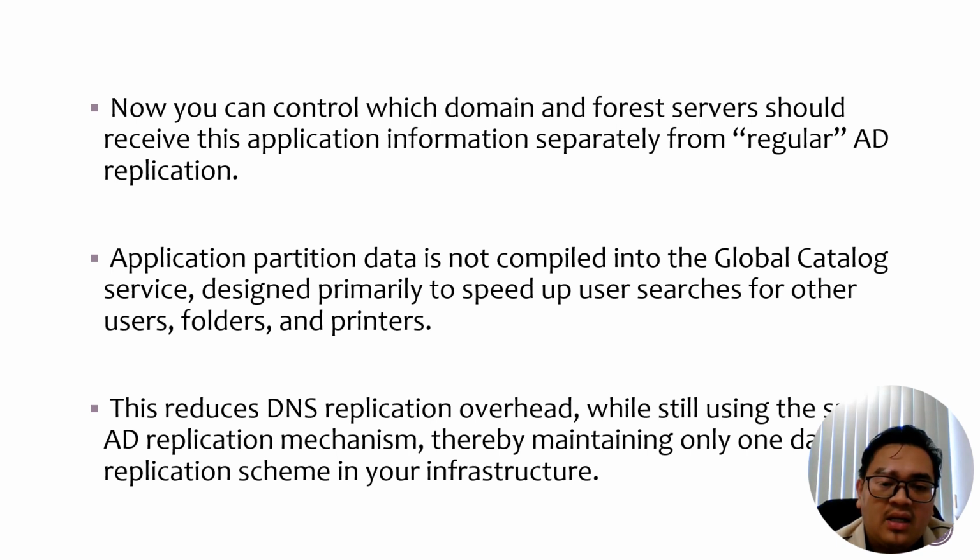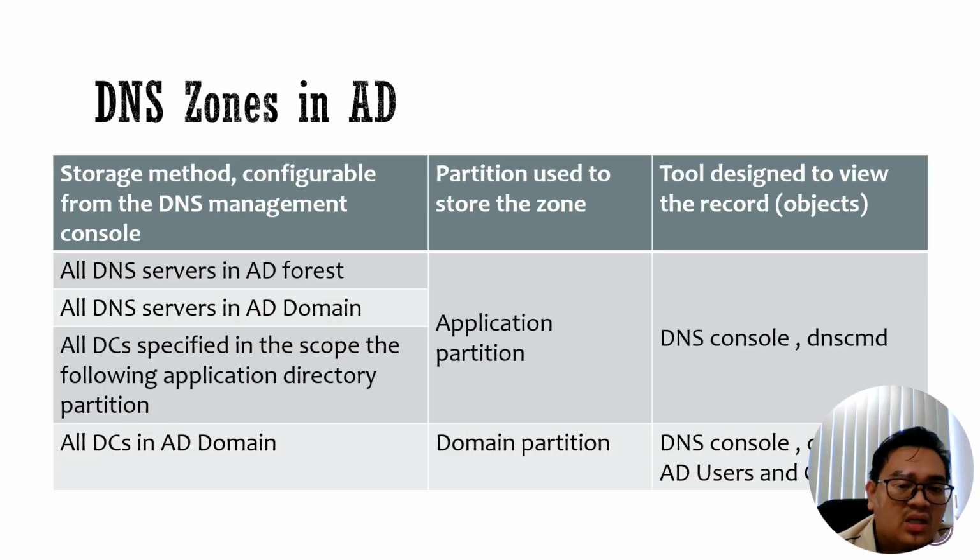Application partition data is not compiled into the global catalog, a service designed primarily to speed up searches for users, folders and printers. This reduces the DNS replication overhead while still using the AD replication mechanism, thereby maintaining only one data replication scheme in our infrastructure. So, DNS zones in Active Directory.